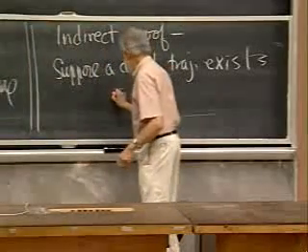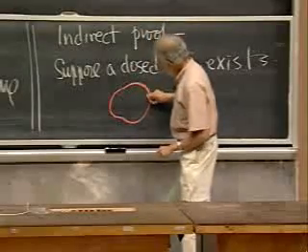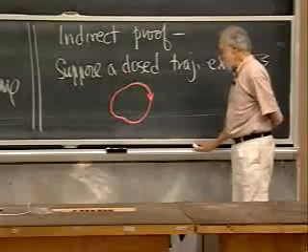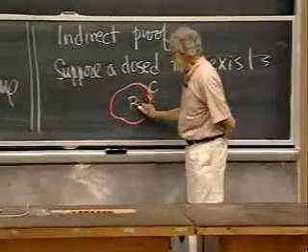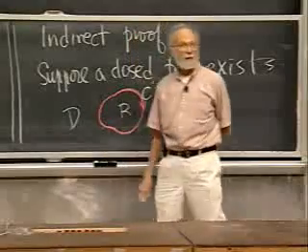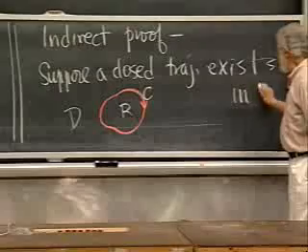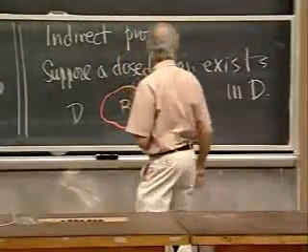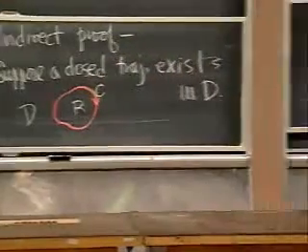Let's say it goes around this way. So there's a closed trajectory for our system. Let's call the curve C, and I'm going to call the inside of it R, the way one often does in 18.02. D is all this region out here in which everything is taking place. So this is to exist in D. Now what I'm going to do is calculate a line integral around that curve.